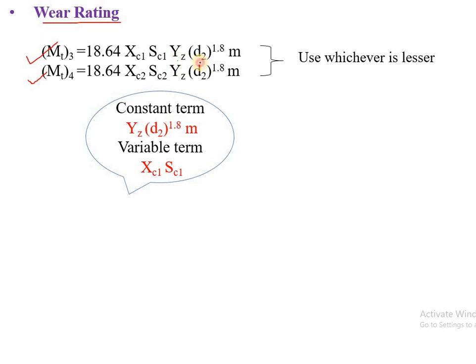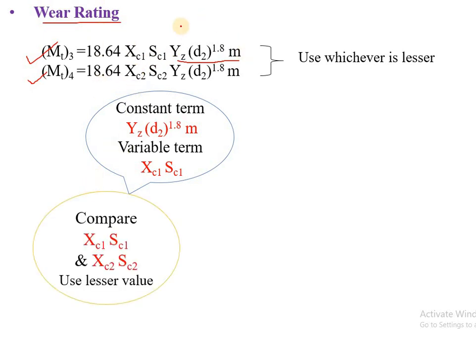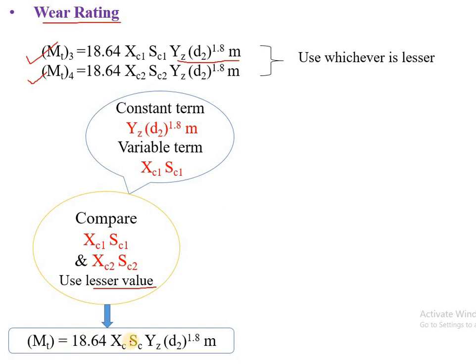So in this, YZ, D2 and M are the constant terms and XC and SC are the variable terms. So instead of calculating this large equation, directly compare XC1 SC1 and XC2 SC2. Out of these two products, whichever is lesser, use that. Then substitute that value in this equation and you can calculate MT.